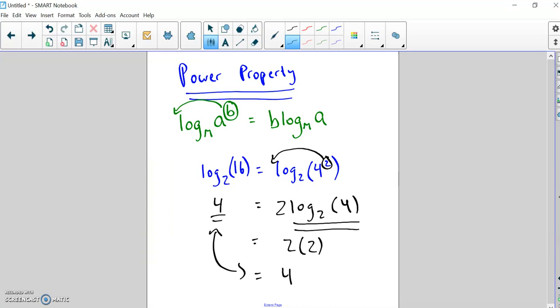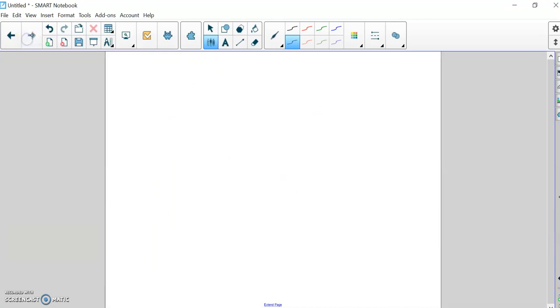Now, some other ways that you can use the power property. Let's say, for example, you saw something that looked like this. Log base 3 of 27 raised to the 11th power. Okay. Well, if you saw something that looks like this, I don't really think there's anybody in here who would want to do something like 27 raised to the 11th power. That would be a massive, massive, massive number.